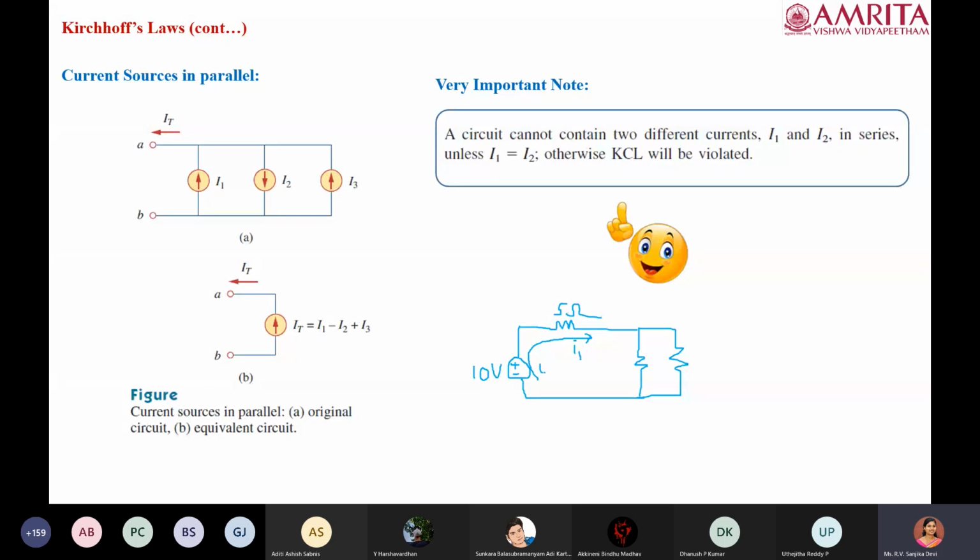That is the meaning of this point. One cannot be I1 and the other I2; they cannot be different. Even if you use different notations, the current flowing through the series elements will always be the same. And this is applicable only when the elements are in series.